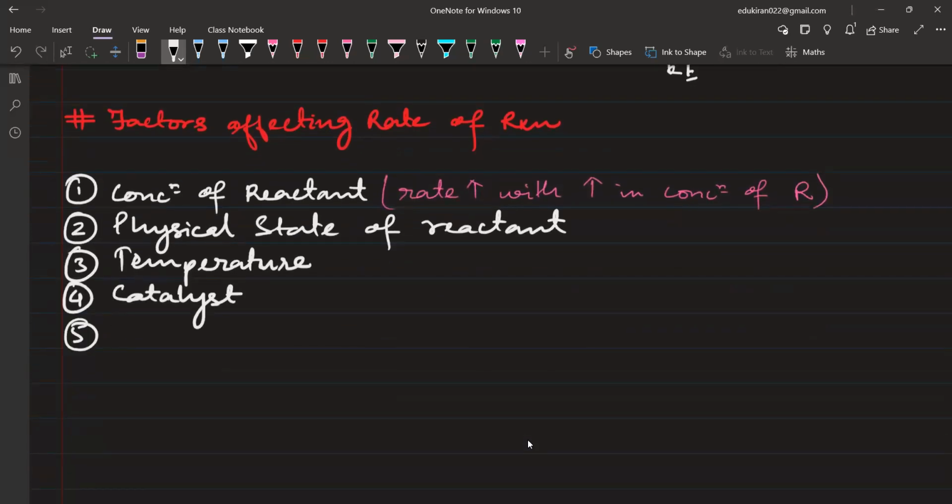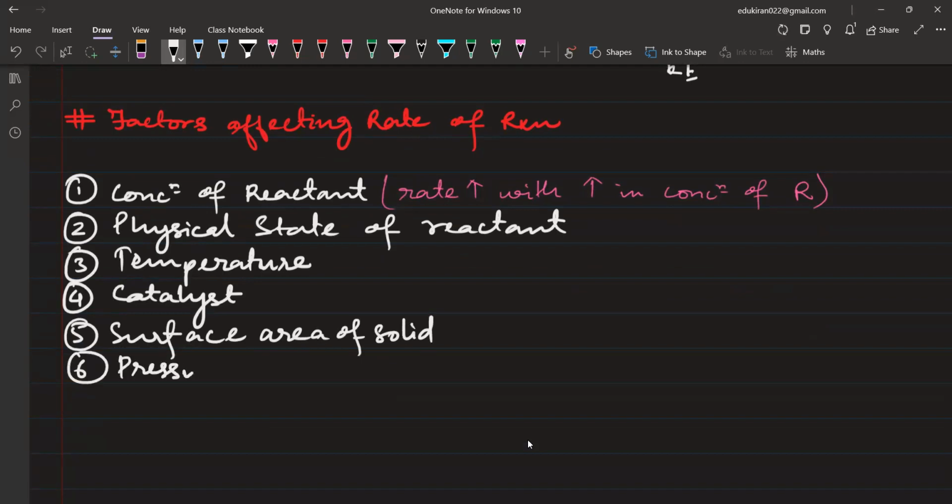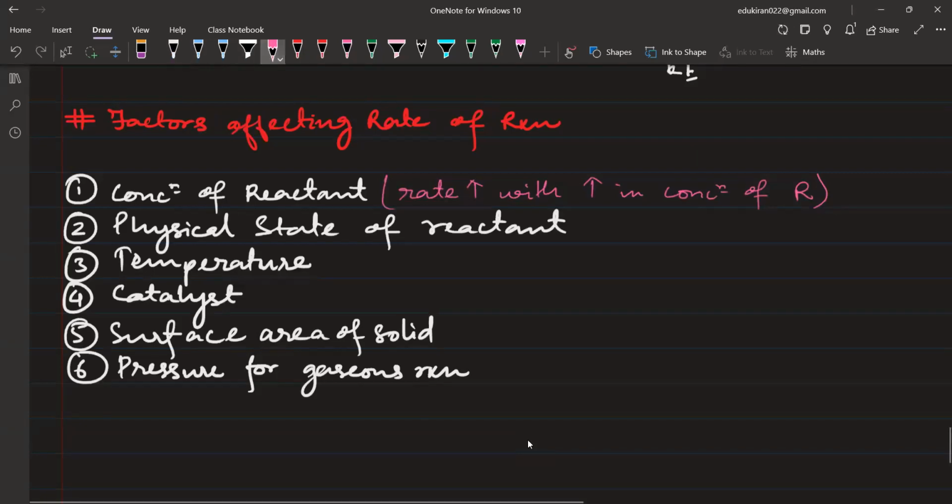The fifth is surface area of solid. And sixth is pressure for gaseous reaction.